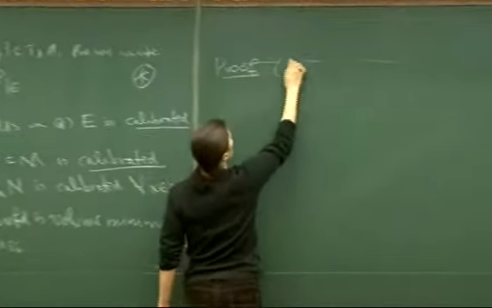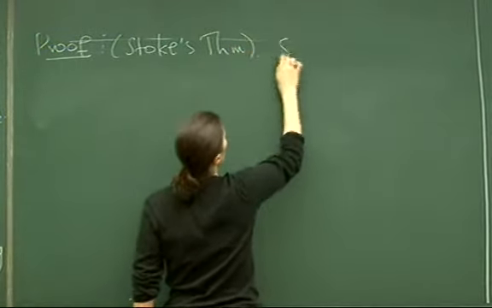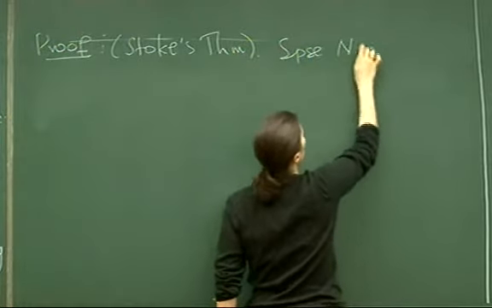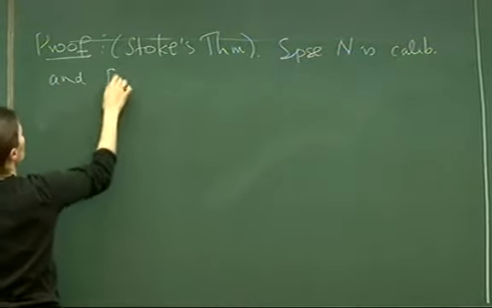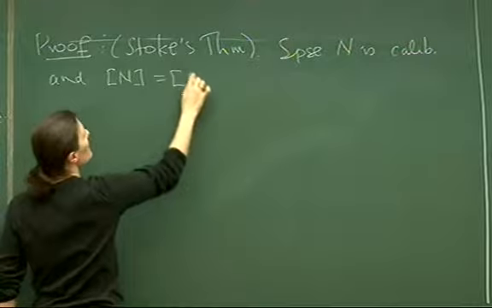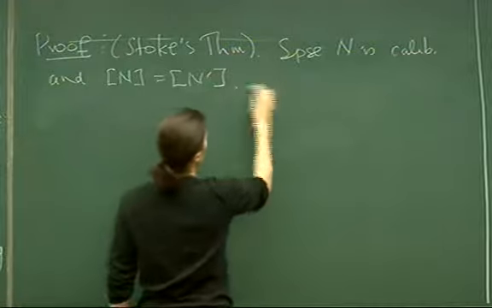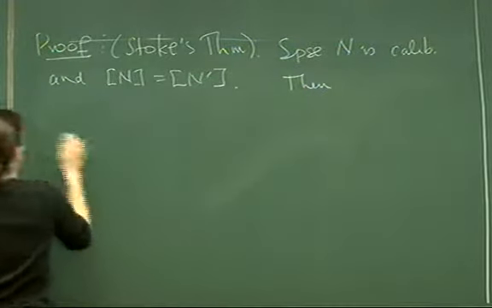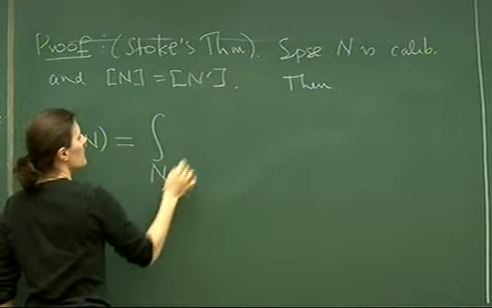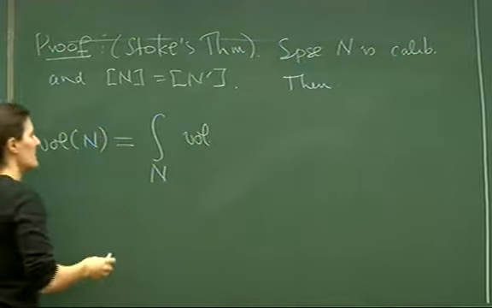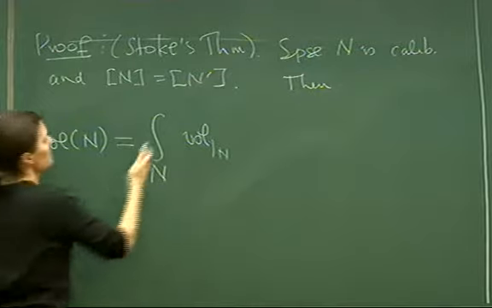Proof by Stokes' theorem. So suppose N is calibrated and N and N prime are of the same homology class in M. Then the volume of our calibrated manifold, well, that would be equal to the integral of the volume restricted to N over N, but I know that's equal to phi.